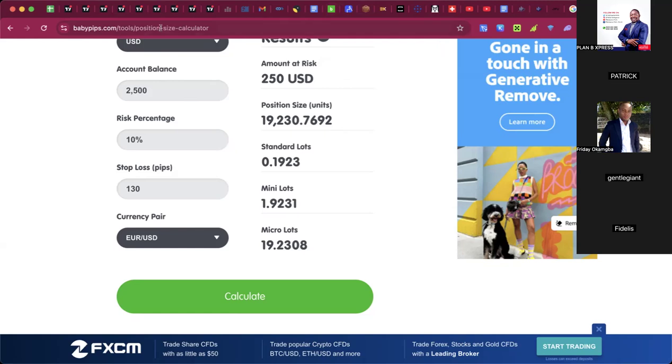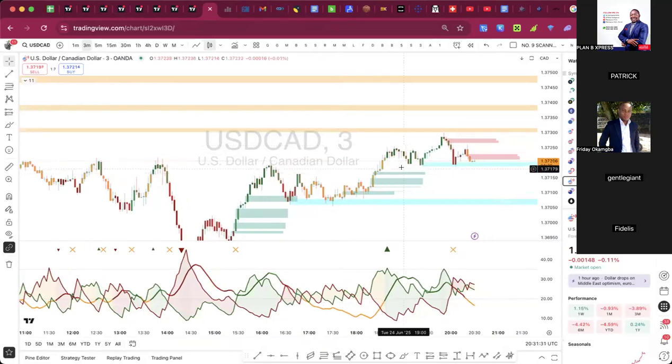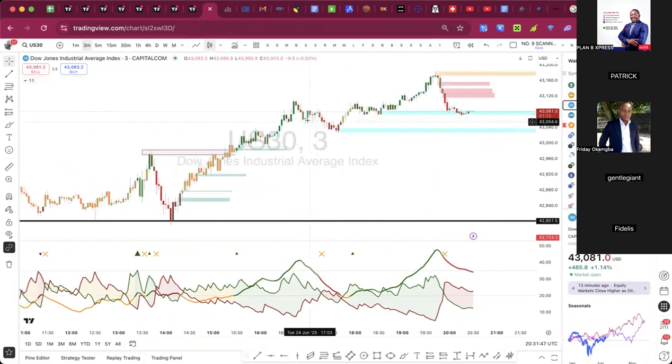Okay, so let's go and watch out to see which market is moving. Okay, USD CAD. What is this one? Aha, you can see that this one has started reacting.